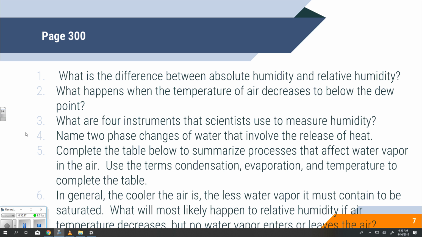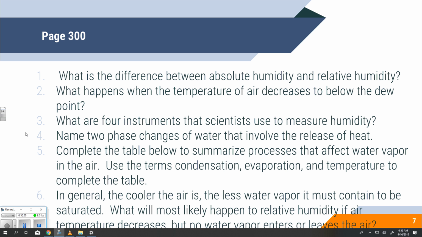Second box on the left: if the temperature decreases, then the rate of evaporation decreases.